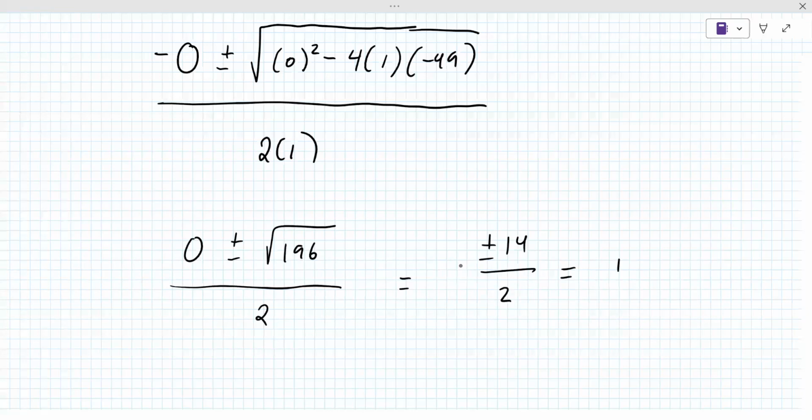Then you divide here, so that's plus or minus 7. Is that okay? Clear? Yeah.